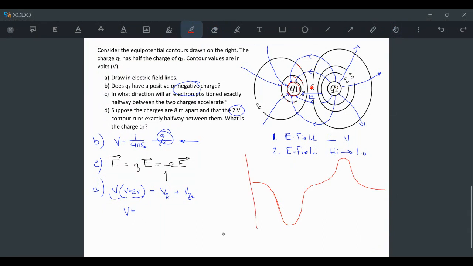Okay, this is a better profile of V versus X for our situation up here. These aren't perfect, especially in this region from here to here, because some of the circles that would originally be here from Q2 in the absence of Q1 are interfering a little bit with the shape of the circles of Q1 in the absence of Q2. They're overlapping, which is why we don't have perfect circles around them. We have these squished oval shapes.